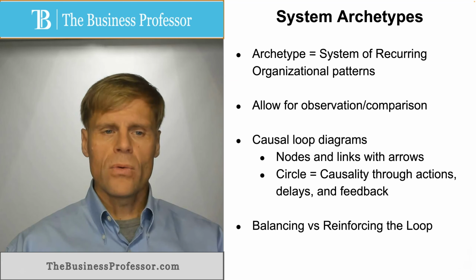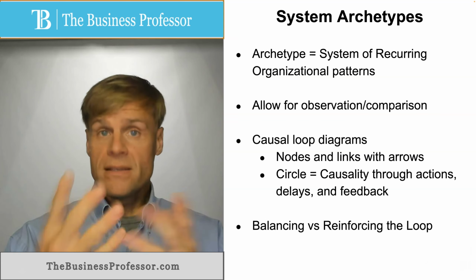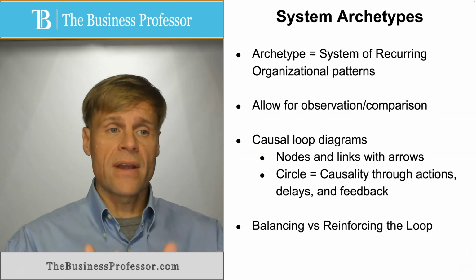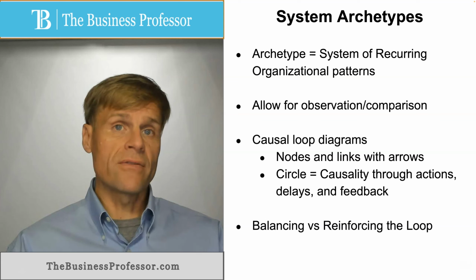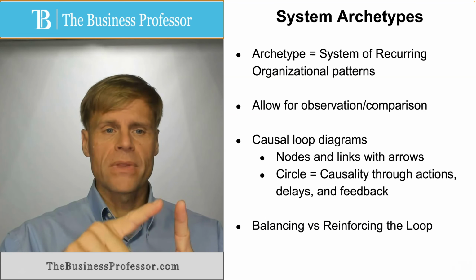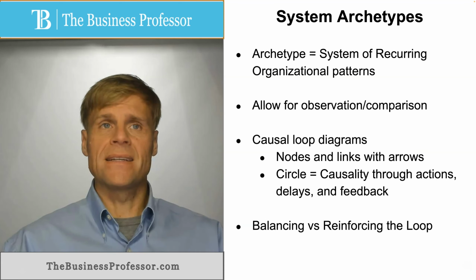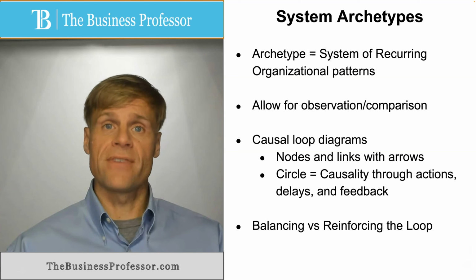Now, in the planning and controlling process, these archetypes are used either as a balancing function or a reinforcing function. One, you identify an outcome from a process, right? And you're trying to make certain that it stays consistent and doesn't vary wildly.